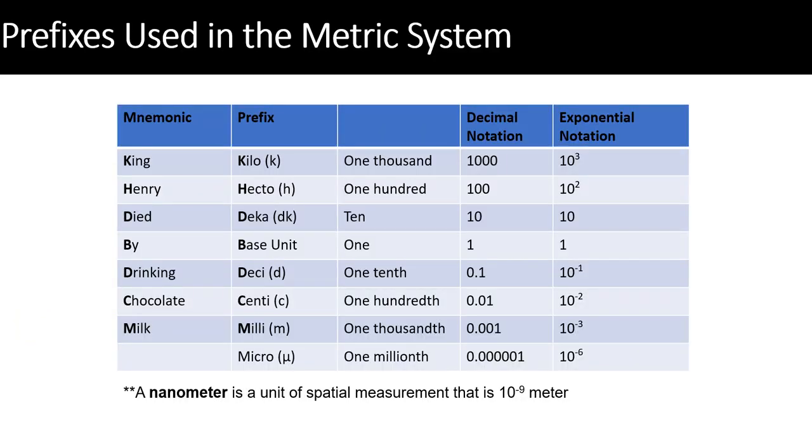To convert between the numbers, you can use this mnemonic: King Henry died by drinking chocolate milk, to convert from the base unit up or down the decimal system. So if you had 1 gram and you wanted to convert it into kilograms, you would simply move the decimal point to the left 3 times, and you would end up with 0.001 kilograms, since 1,000 grams would equal 1 kilogram.